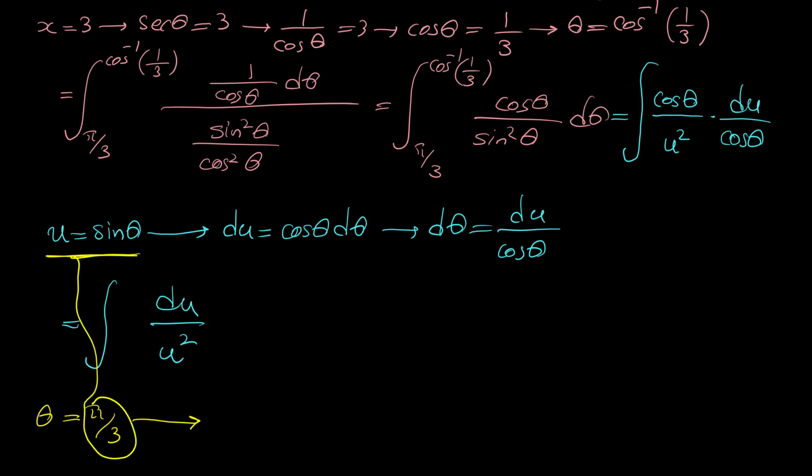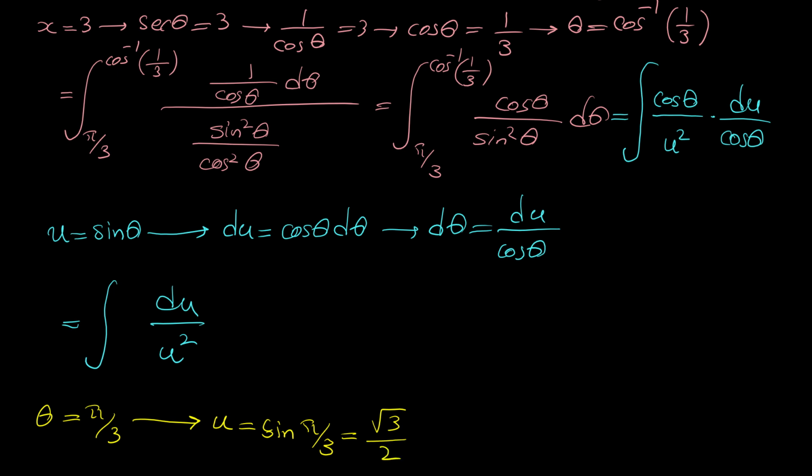If we plug this in here, we can find u. This is easy. But for the upper bound, no, it's not easy. So from this, what is u? U is sine of pi over 3. What is sine of pi over 3? It is square root of 3 over 2. So this is the lower bound of the integral.